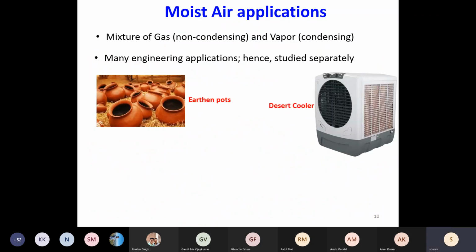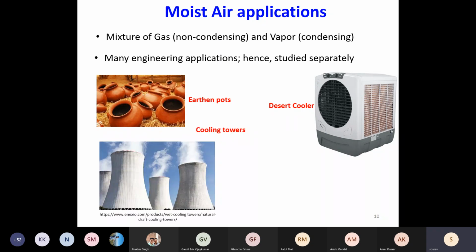These are some day-to-day devices that you would have seen, which use psychrometric processes for their operation. Earthen pots, desert cooler. If you have gone by the Kolaghat power plant, if you go by train to Kolkata, you will see cooling towers installed next to the power plant, very close to the railway track.